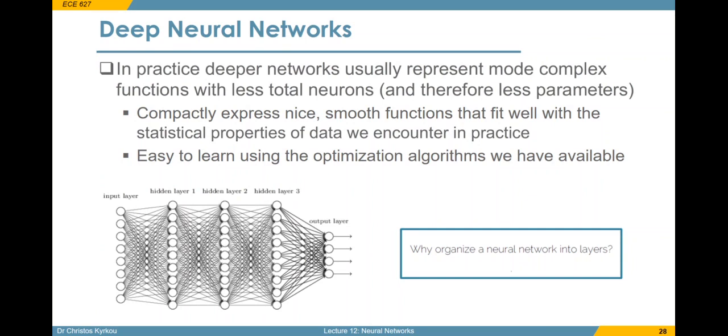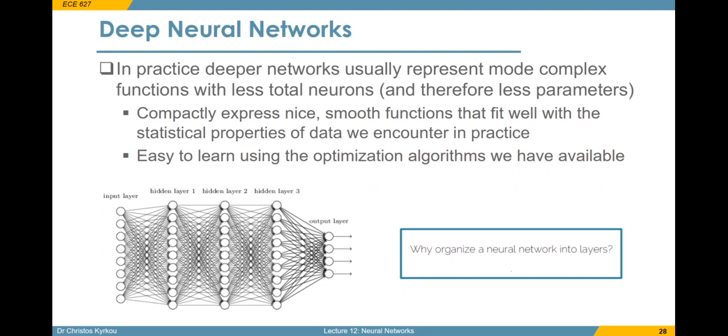So in practice, deeper networks can usually represent more complex functions with fewer neurons than their one-layer counterparts. They can express more compactly smooth functions that fit well with the properties of the data that we encounter in the real world.